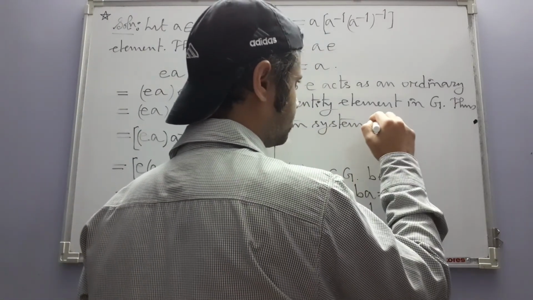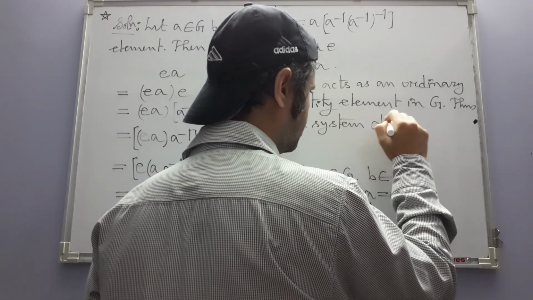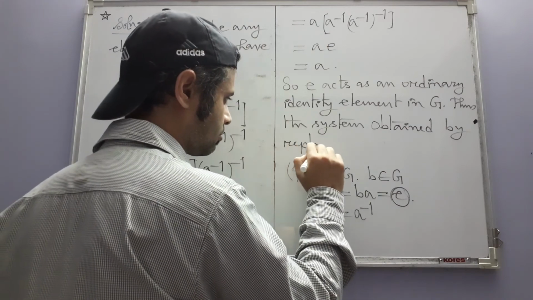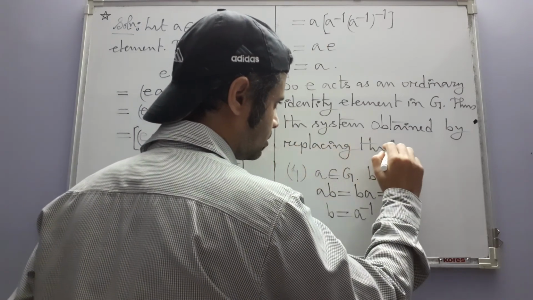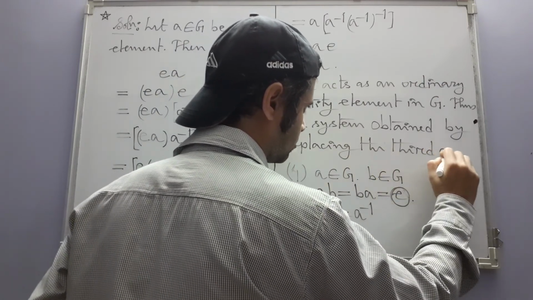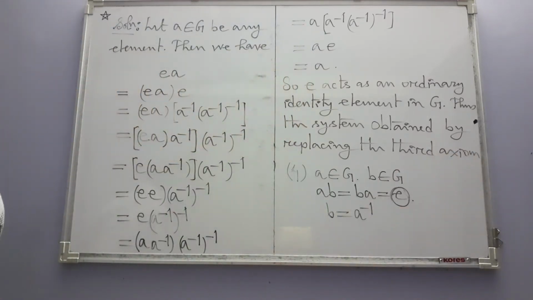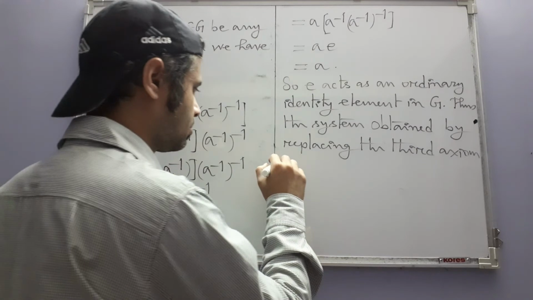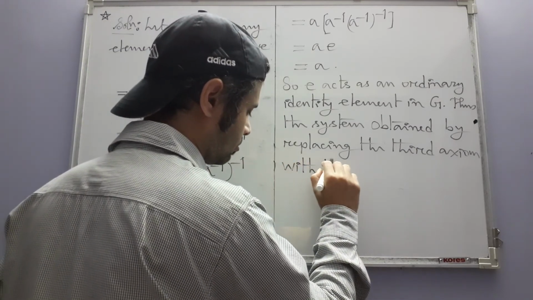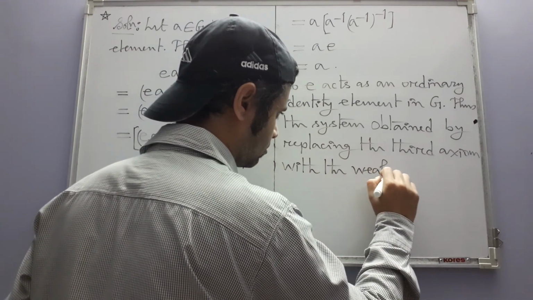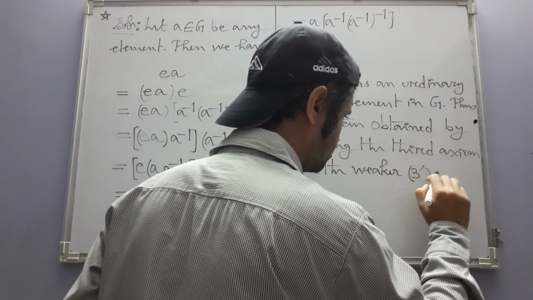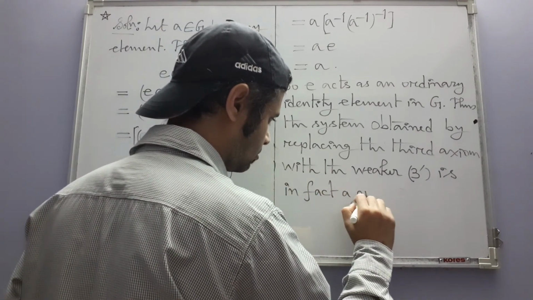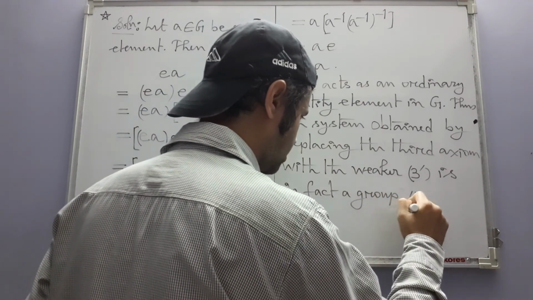The system obtained by replacing the third axiom with the weaker 3 prime is in fact a group. This completes the solution.